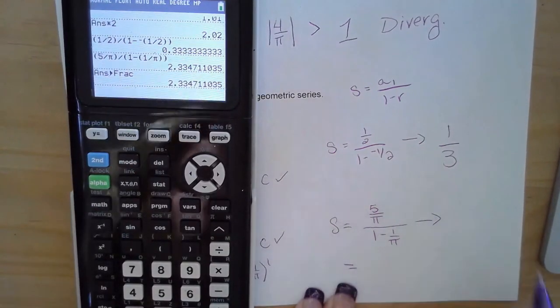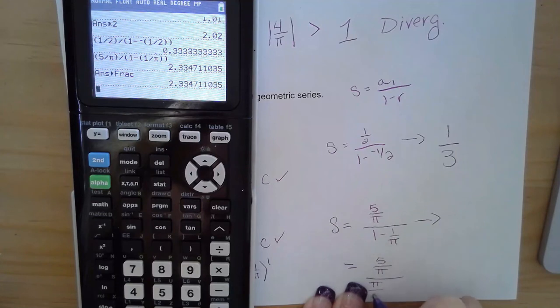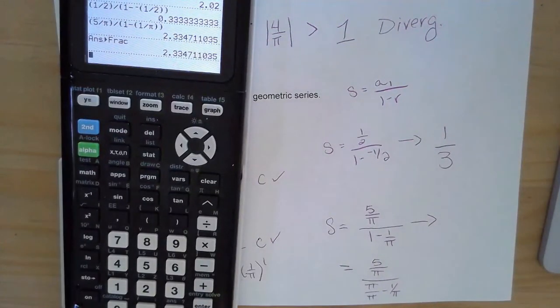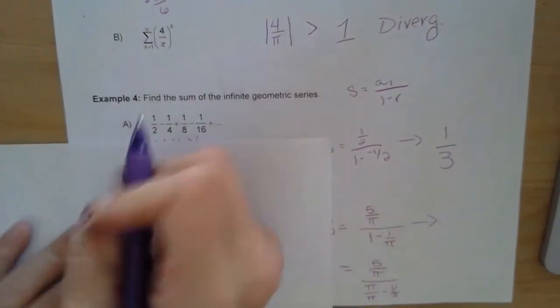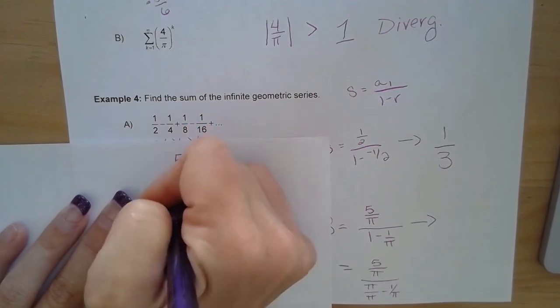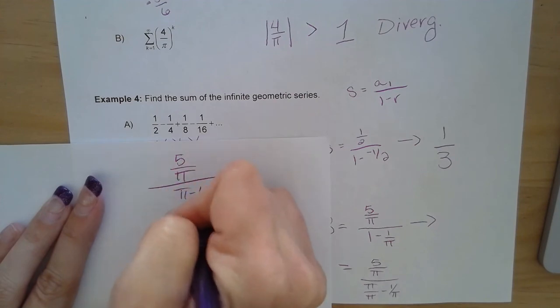On the bottom I would need common denominators, so 5 pi over pi minus 1/pi. I'm going to grab another sheet of paper so we can do the work there. We have 5 pi all over pi minus 1/pi.